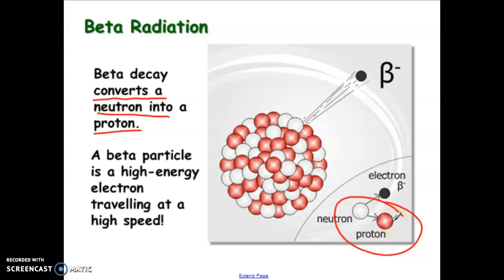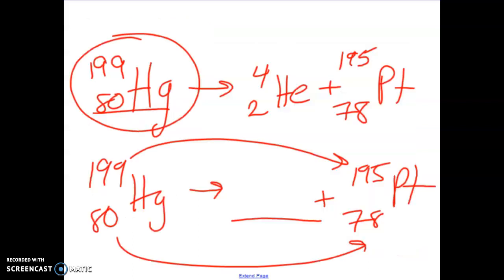So it's very different from our alpha particle, as you have noticed. You don't have any protons or neutrons leaving at all. What you're doing is essentially adding in a proton. So same thing as when we did the fill in the blanks here. When you're doing beta decay, you're expected to do the same type of thing.